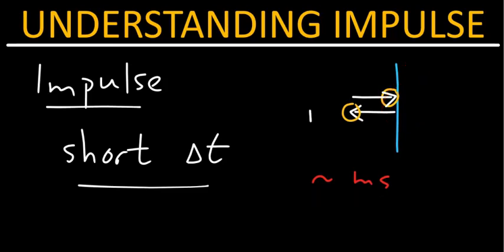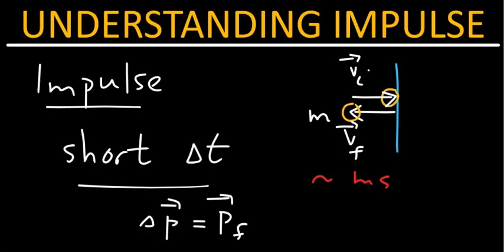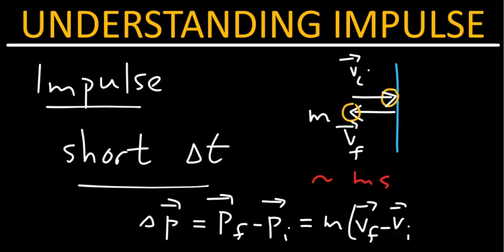If we assume the mass of the ball is m, the initial velocity is vi, the final velocity is vf, there is obvious change in momentum associated with that ball. It is the final momentum minus the initial momentum of that ball, which in turn simply becomes m times (vf minus vi).